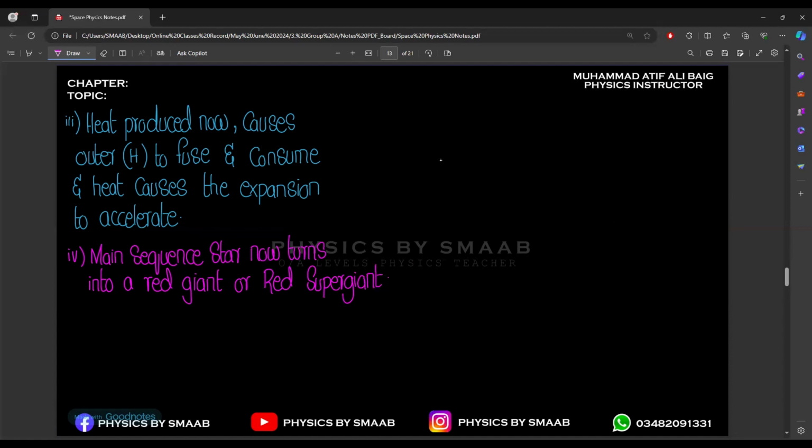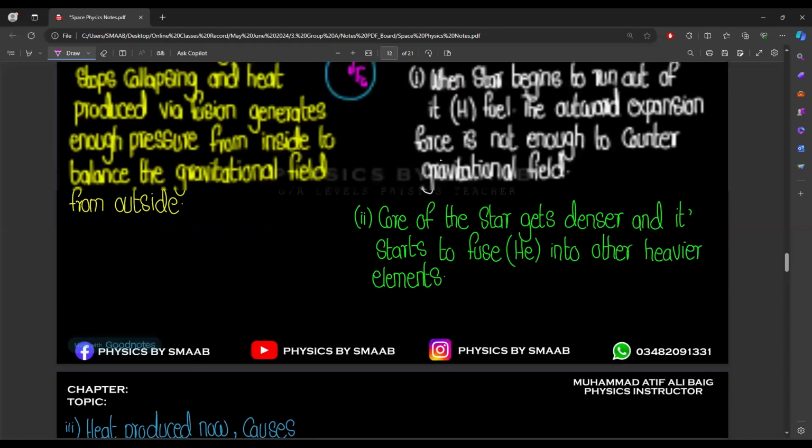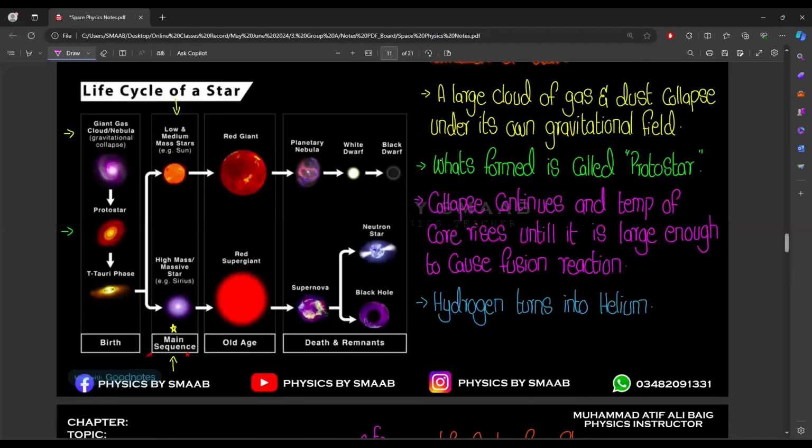Okay, so this is the next stage, which converts from the main sequence into the red giant or red supergiant. So now we are in the third stage, the old age.